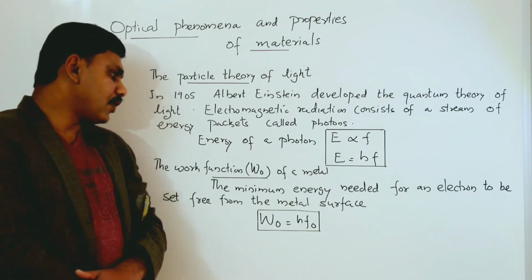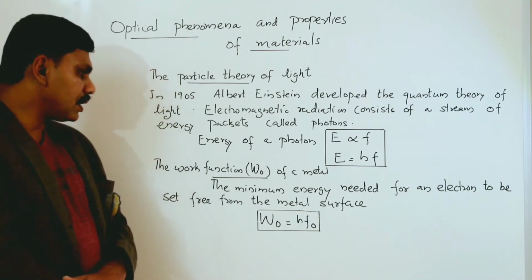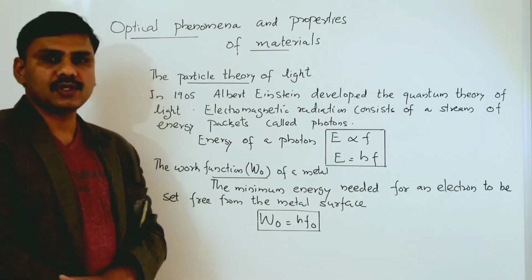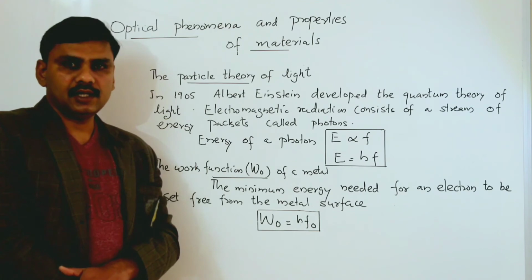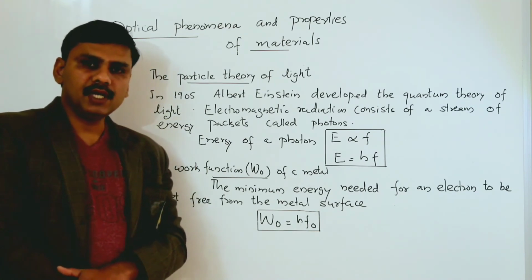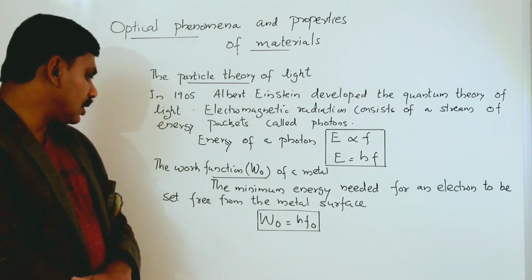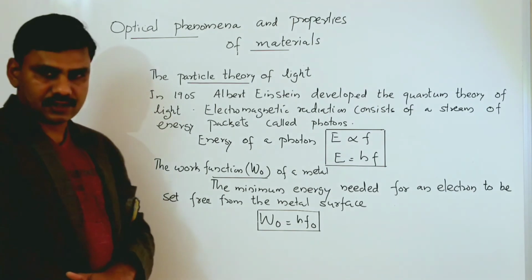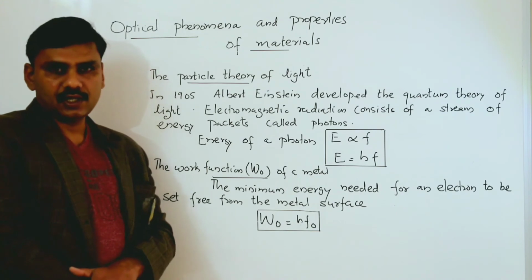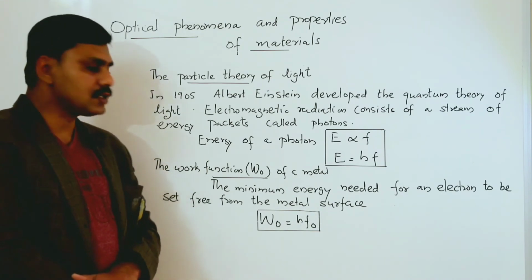That means for every metal there will be a work function, and the minimum energy needed for an electron, that means when a radiation falls on the metal surface, the radiation should have a minimum energy to set the electrons free from the metal surface. So from one metal to another, the work function will be different. It is the characteristic of a metal. From one metal to another, the work function will be different.